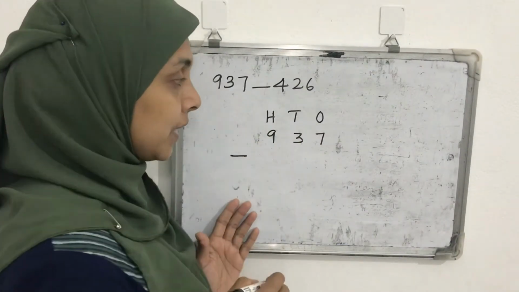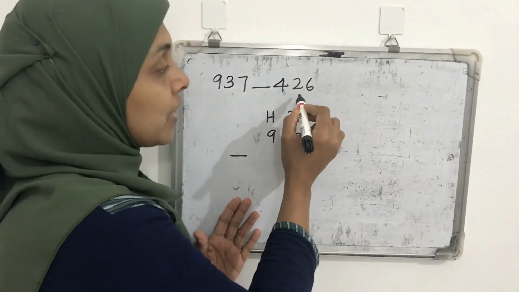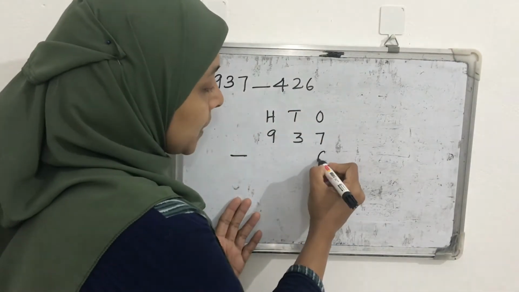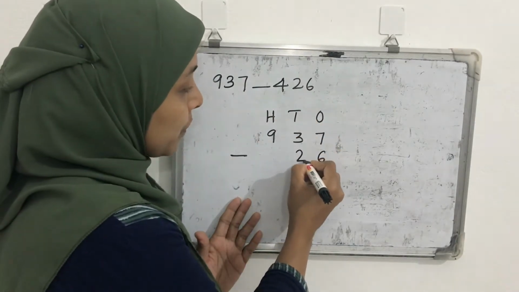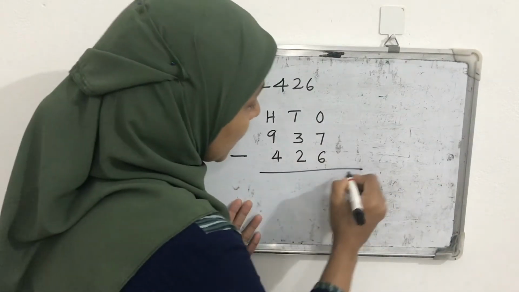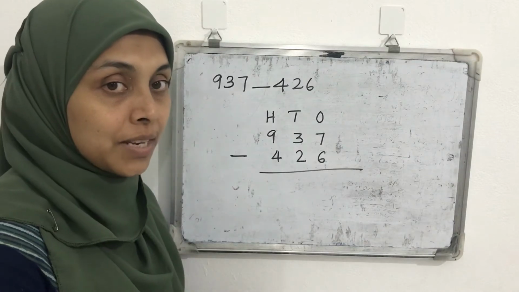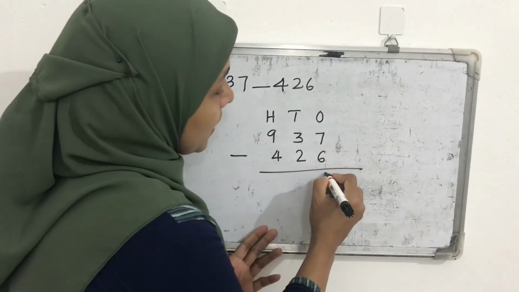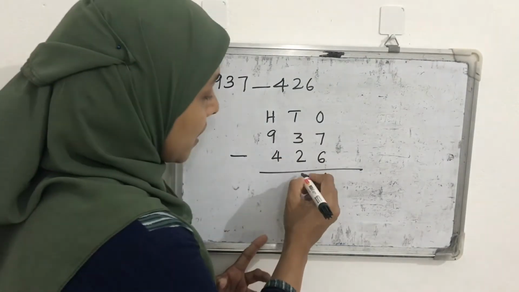From 937 we are subtracting 426. Ones place digit is 6, tens place digit is 2 and hundreds place digit is 4. Now we subtract 7 minus 6, which is 1. 3 minus 2 is 1.